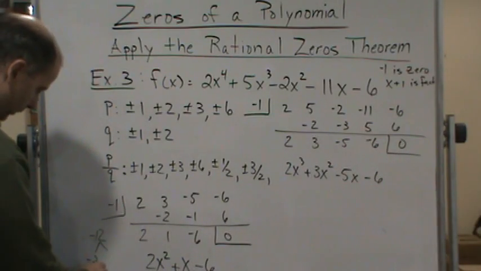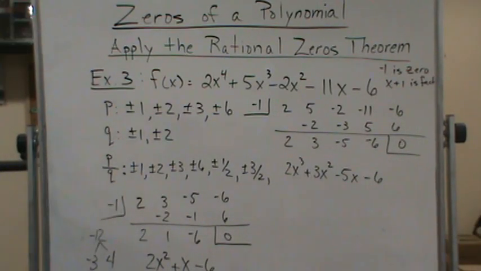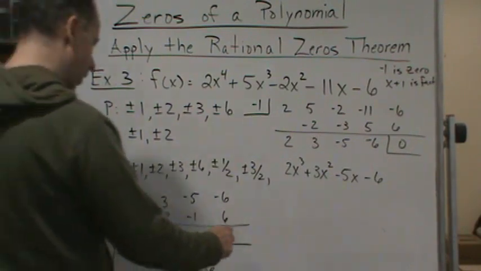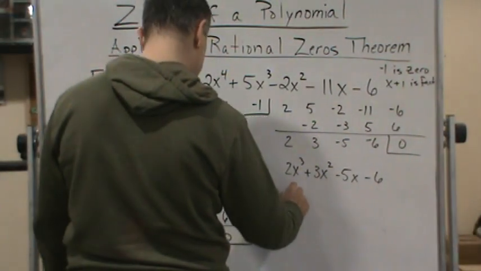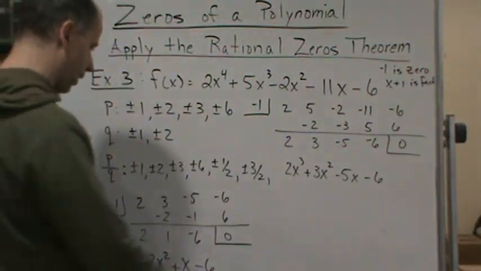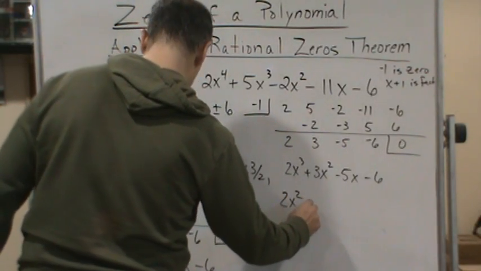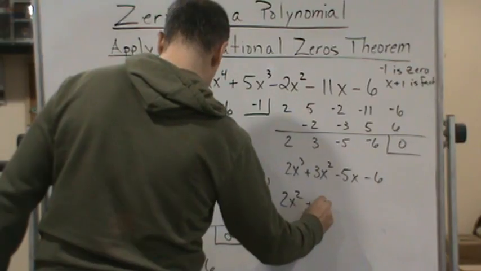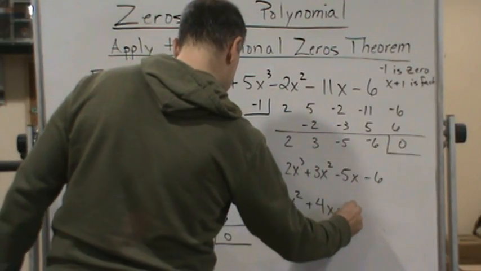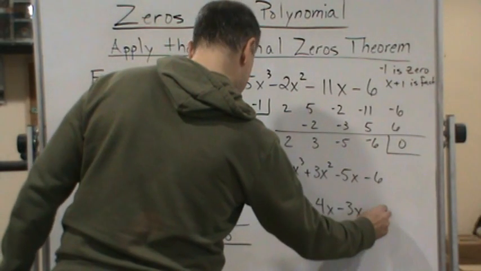Now I'm going to decompose the middle term. That's going to give me 2x squared plus 4x minus 3x minus 6.